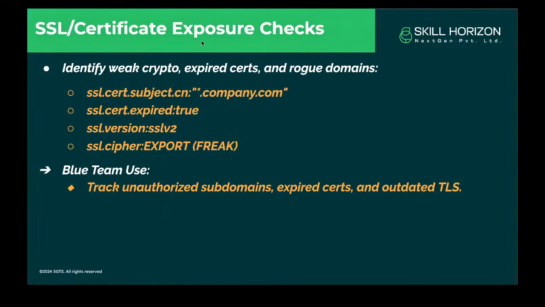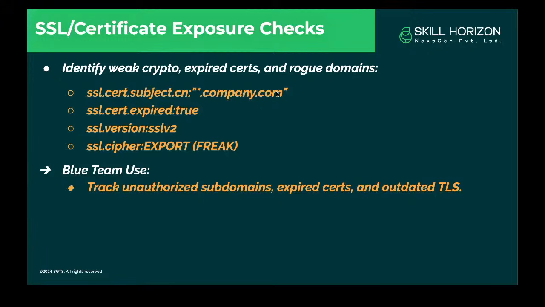SSL certificate exposure check. Sometimes there is weak cryptography, an expired certificate, or fake domains, and you can search with something like this. You can create a query ssl.cert.subject.cn and then provide your domain name.com. It will give you the result, and when you analyze it, you will get information about expired certificates, fake domains, or weak cryptography, or more.